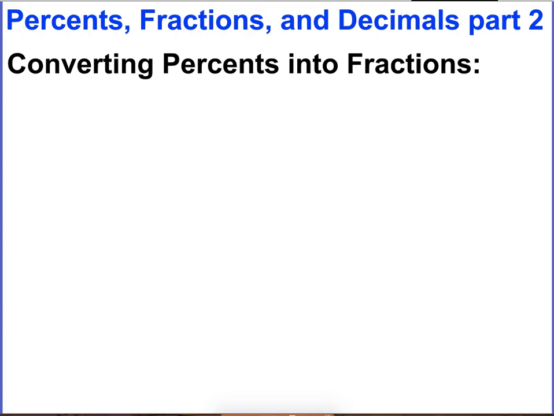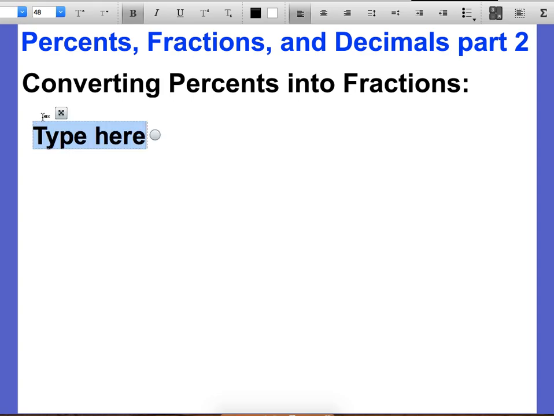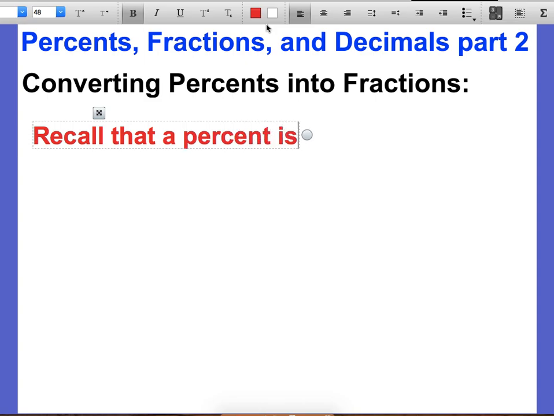Hi math friends, today we're looking at percents, fractions, and decimals again. Specifically converting percents into fractions and then converting fractions into percents. So let's try to remember a couple of things here first. When you're converting a percent into a fraction, we need to recall that a percent is out of 100.